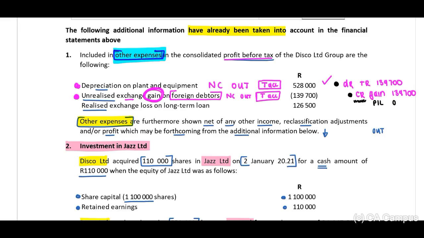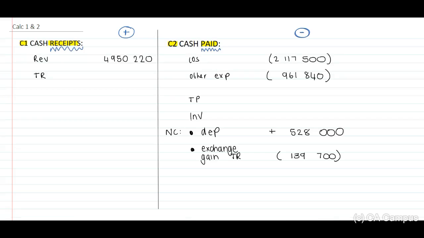Now, if we need to take this out, remember, this income was included in our expense. Therefore, it decreased our expense. Now we need to increase our expense. Therefore, we take it out. This will increase our expense.